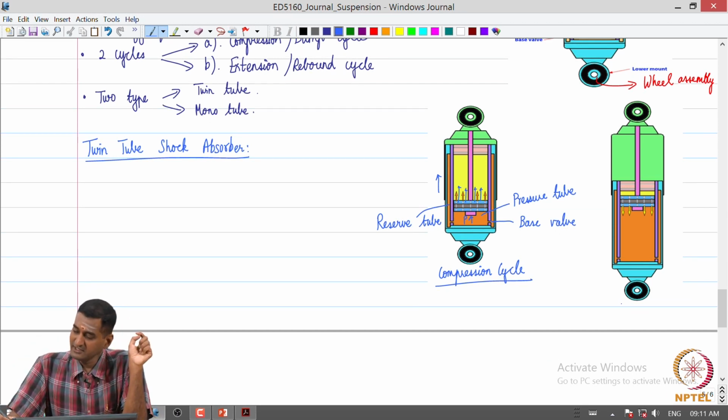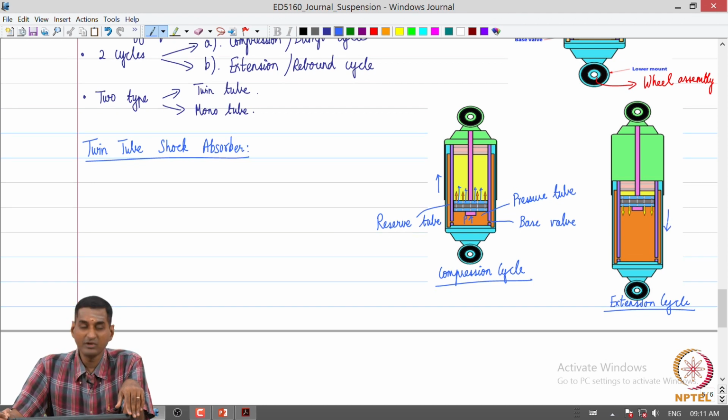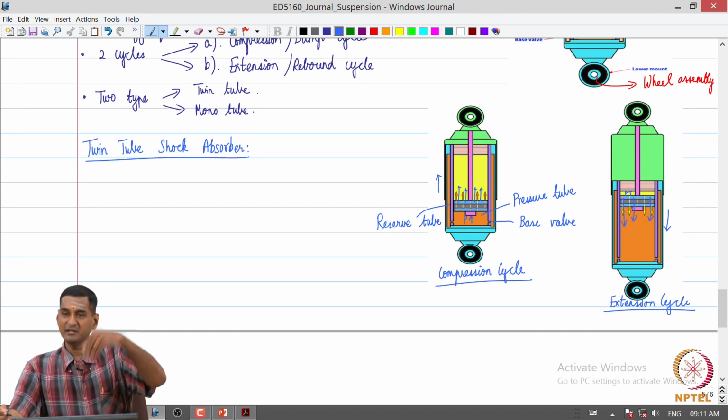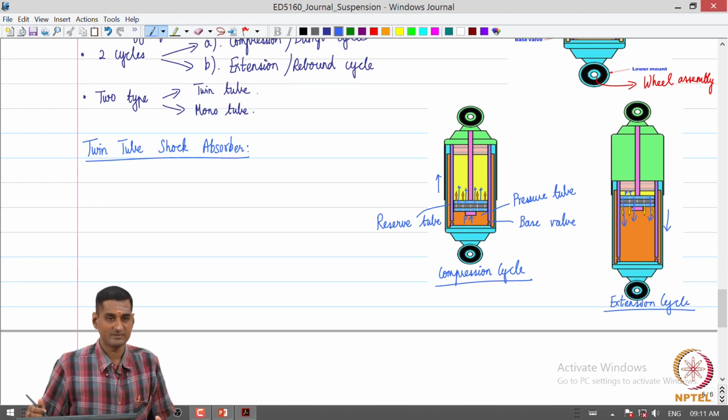Now during the rebound or extension cycle, the opposite sequence of operation happens. The lower tube is going to move downwards relative to the upper tube, and the pressure increases above the piston, so the fluid flows from the top to the bottom through the orifices once again.